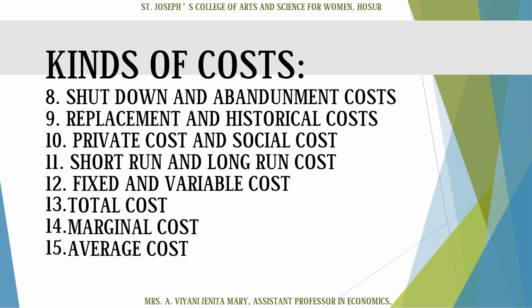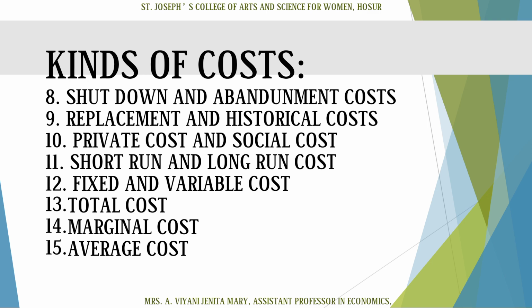The next one is fixed cost or variable cost. Fixed costs are incurred independent of the quantity of goods or services produced, such as building and machinery. Variable cost changes according to the quantity of a good or service being produced. For example, raw material cost, fuel cost, and so on.